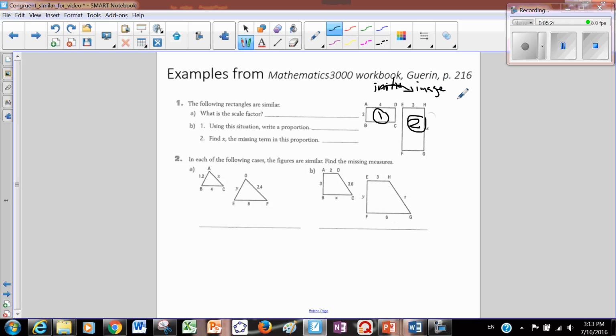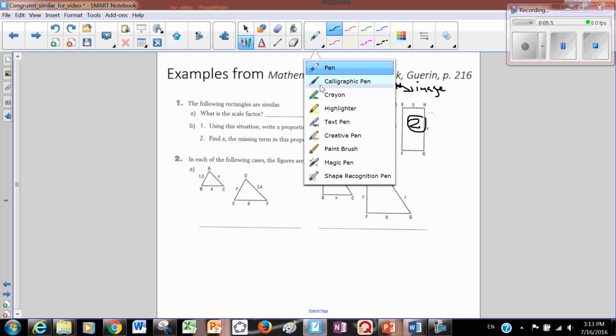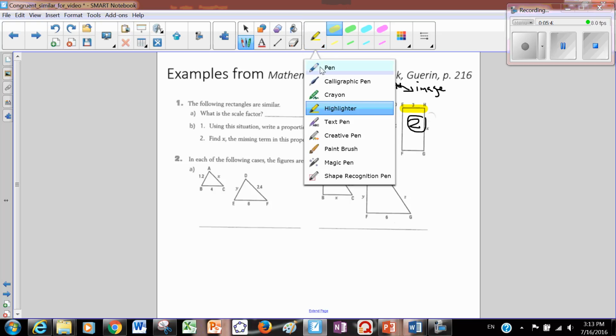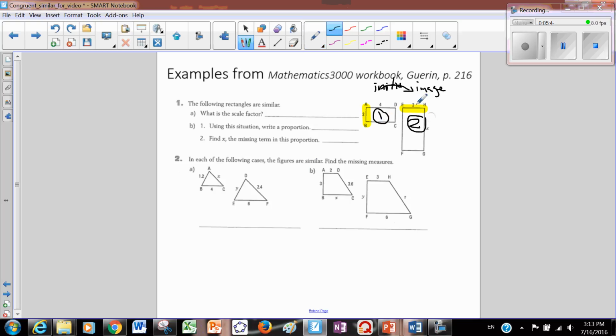So to find my scale factor, I need to find my corresponding side first. Let's look at the short side. On the other picture, it's here. So if I want to find my scale factor or my ratio, I'm going to need to take 3 over 2. That's my K. If you're going from 2 to 1, then your scale factor is going to be 2 over 3.